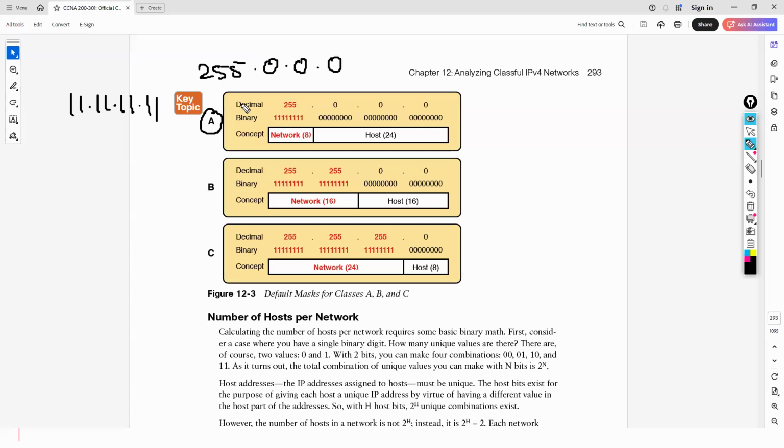A computing device will never understand this IP address. It will only see this address mask and it will see 255. It will convert it into its binary form. So when it converts, it will see all ones in the first octet, then 0, 0, 0.